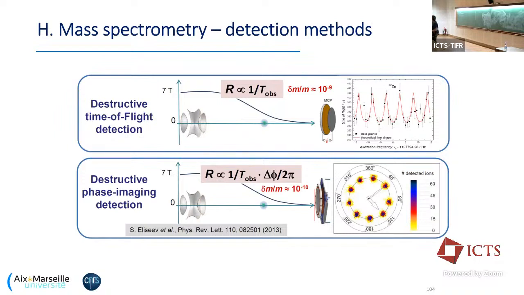But time of flight measurements are also relative measurements, relative timing of arrival. So you have to make sure that your ejection pulse does not completely mix up any measurement you will make. But most of the time we do this by putting in an extra pulse and kicking them out.